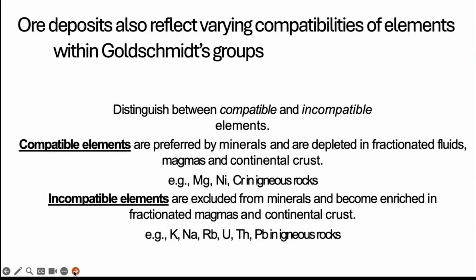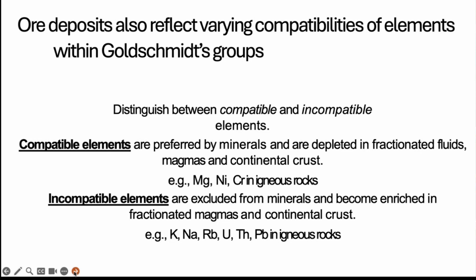When you partially melt Earth's mantle to make a basalt, the elements that are concentrated in the melt tend to be the incompatible elements. They're excluded from minerals. It's like, when you're cleaning house, a partial melting episode is a lot like cleaning out your garage. You're going to get rid of the stuff you don't want. And those are the incompatible elements. So they'll go into the melt phase.